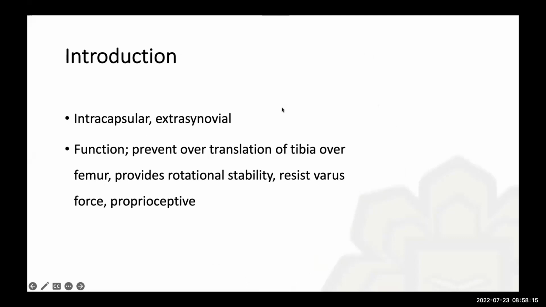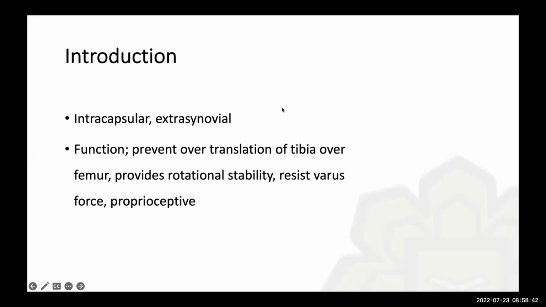We have two main intracapsular ligaments, which are the ACL and the PCL. But they are both extrasynovial, meaning the ligament is located inside the joint, but there is a synovium covering the ligament inside the joint. That's why we call it extrasynovial.